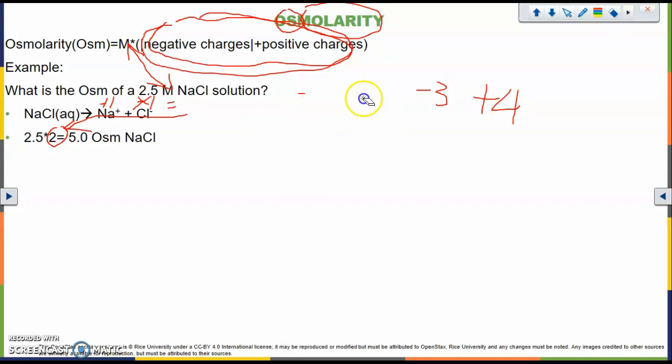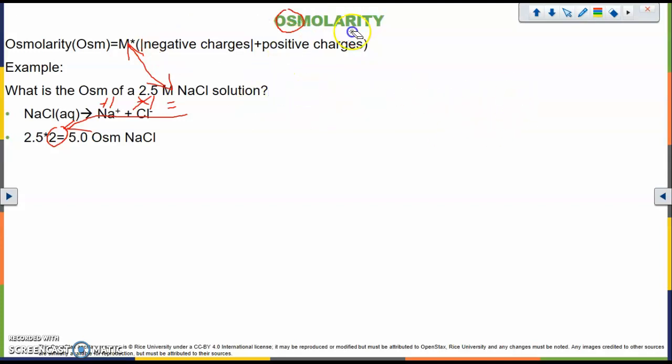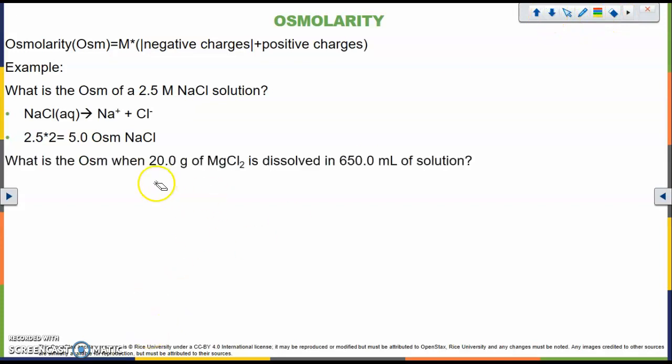Okay, so again, osmolarity is based upon the charges, and you don't consider negative charges, you just take the absolute values of both charges. Okay, so here's a much more complicated example. What is the osmolarity of 20 grams of magnesium chloride? So again, remember, we need to get to molarity first.